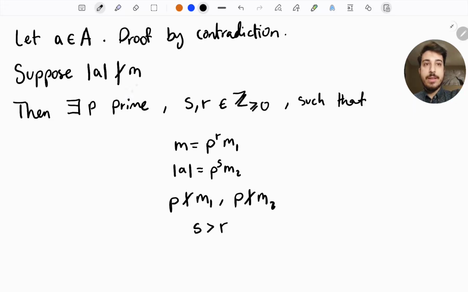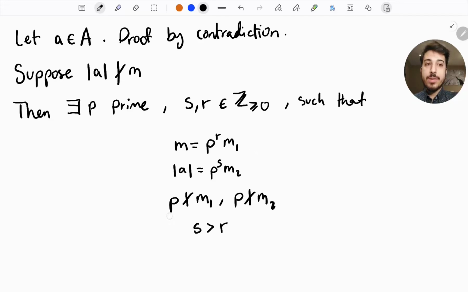So basically saying that if the order of a does not divide M, then logically speaking, because each integer can be decomposed into a prime factorization, we will find that there is a prime that is in the order of a that is not in M. And that's why we have that s is strictly bigger than r, because the prime that is found here will not be found over here.